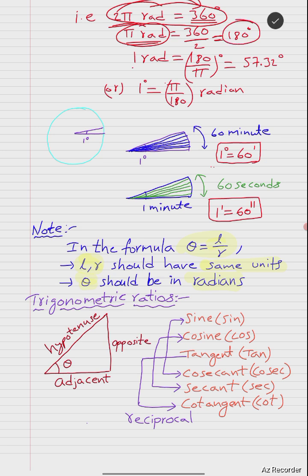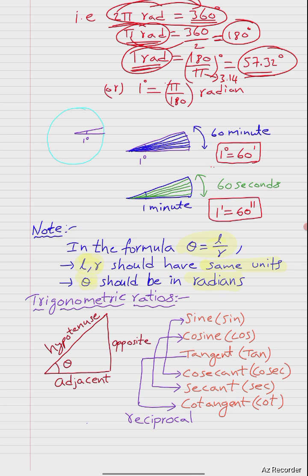And then what is 1 radian? Bring this pi over here, we'll get 1 radian is equal to 180 by pi, which is equal to 57.32 degrees, if you put the value of pi, which is 3.14. Now we have 1 radian. Then what about 1 degree? We should know the other way around also. We know 1 radian equal to 180 by pi degrees.